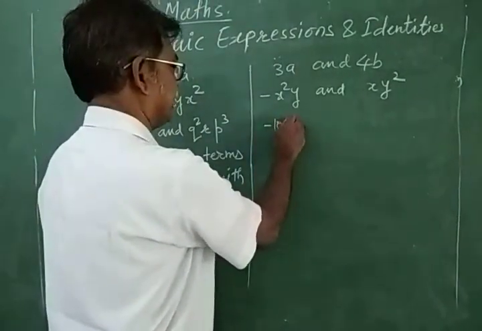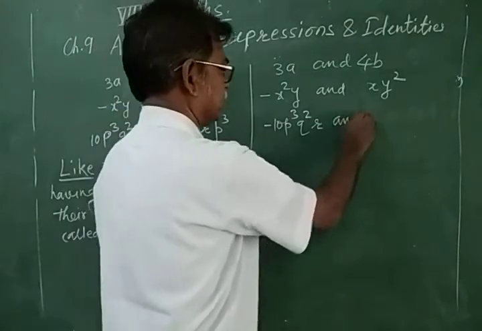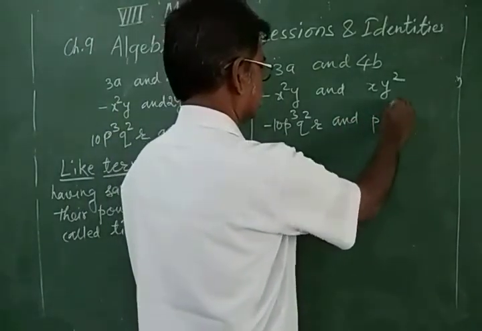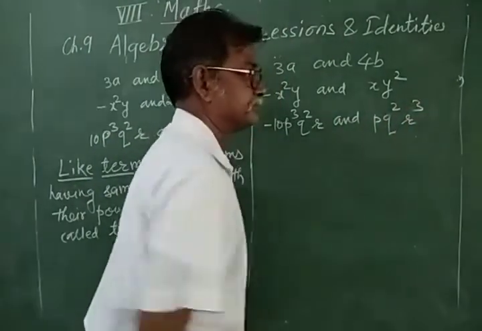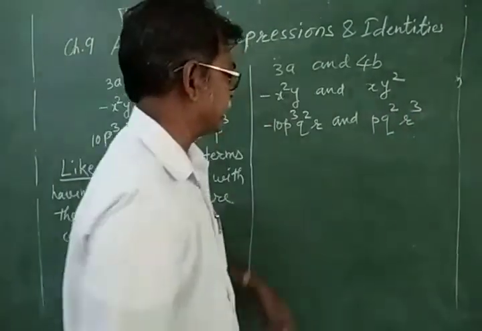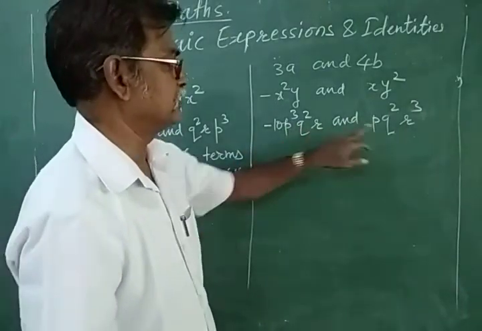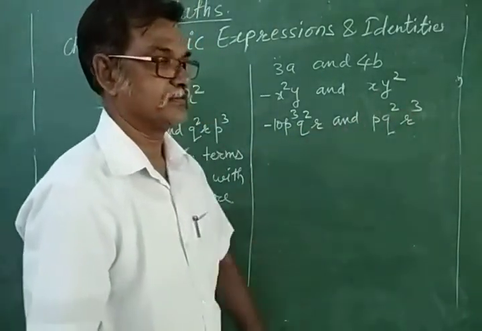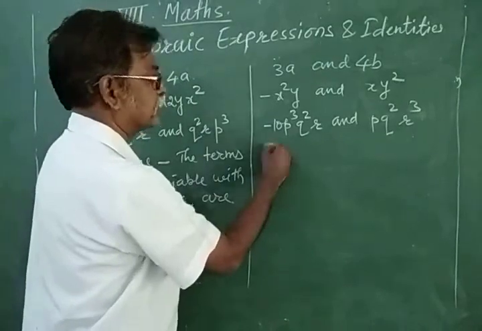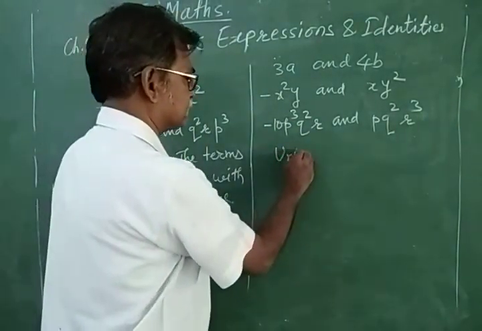Minus 10 p cube q square r and p q square r. If you write only simply r, it doesn't matter. So power is different. Power of p is different. Q is same, but r is again different. So such type of terms are called unlike terms.